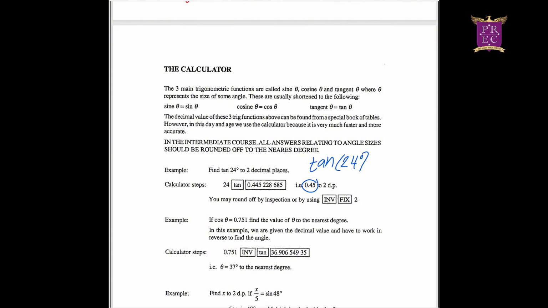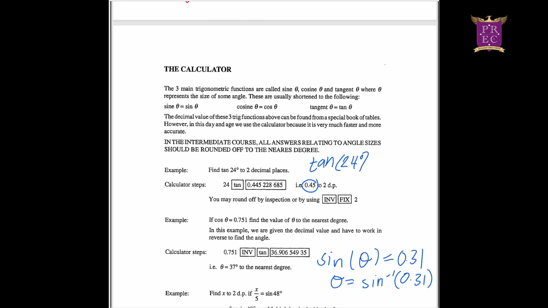Okay, and if we had, say for example, sine theta was 0.31 and we need to find what theta is, what we need to do is make theta the subject, right? So when we're making theta the subject, the sine goes over to the other side and becomes an inverse sine. Okay, this is the symbol for inverse sine, and we put the decimal value in brackets.